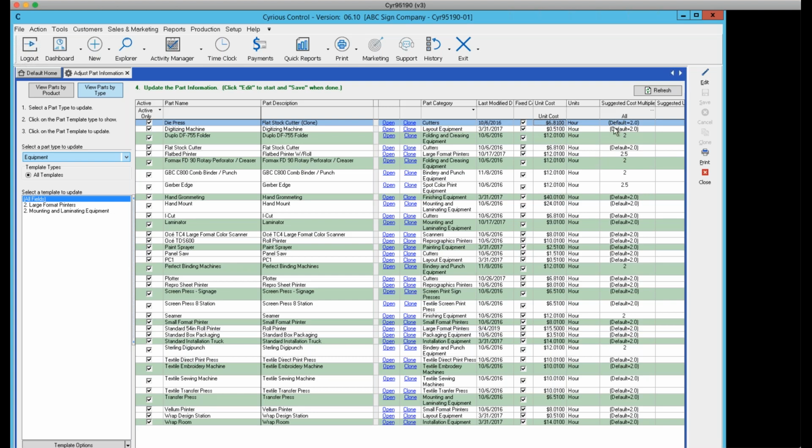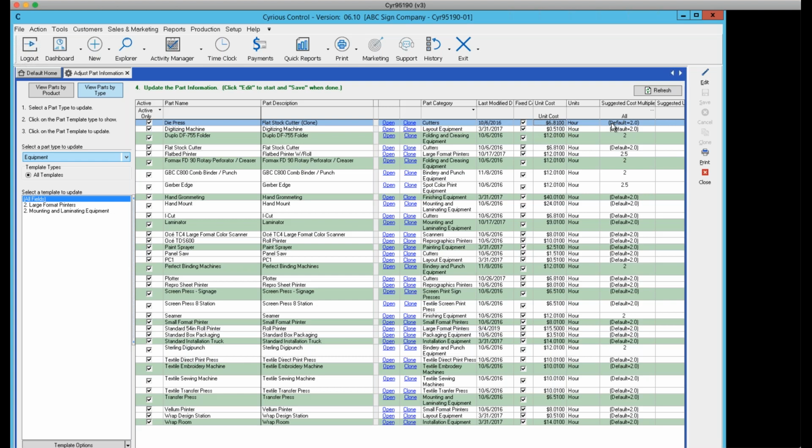If you're doing cost-based pricing, obviously the cost is critical, but also the multiplier. In a general sense, the equipment multiplier tends to stay around the value of 2, like you see. There may be appropriate reasons to go slightly under 2, and there may be reasons to go above 2. But generally, it's in the 2 range.